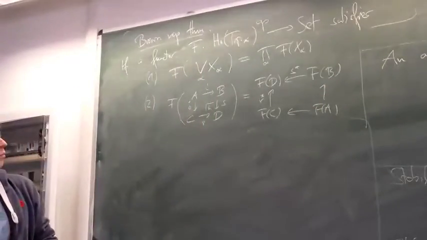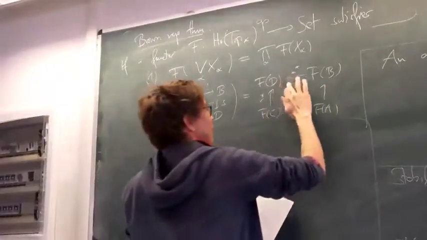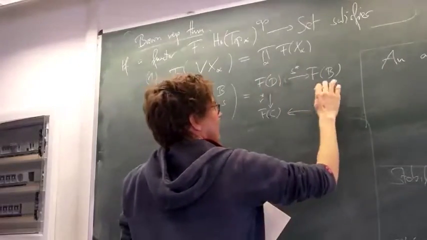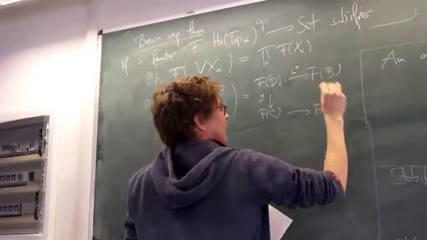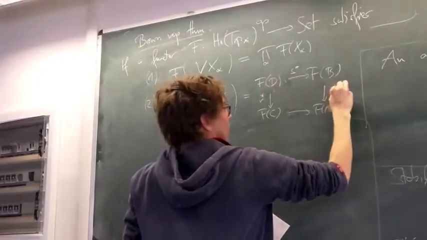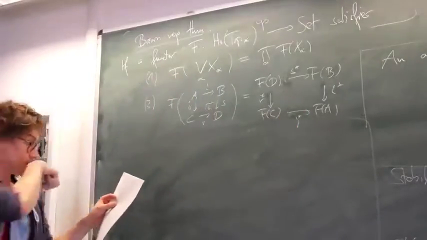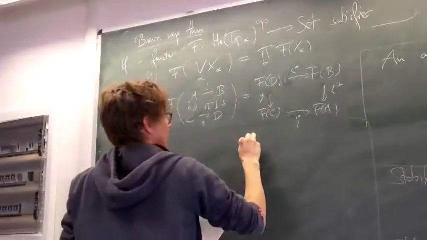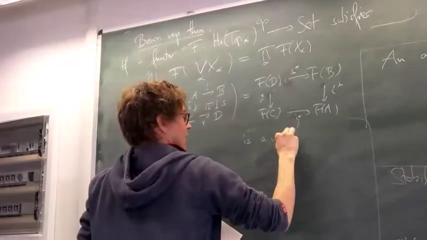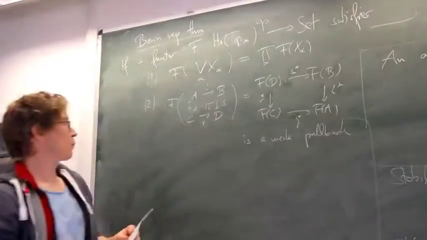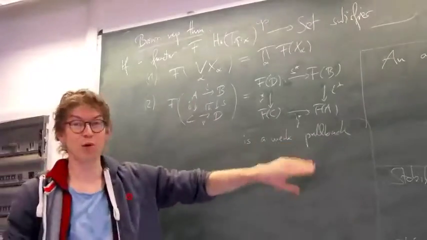That's contrary, yeah, I've done it around twice. That's nonsense. Thank you. B to A, that's I upper star, and here we got J upper star. So for any homotopy pullback that I stick into my functor, this should be a weak pullback.